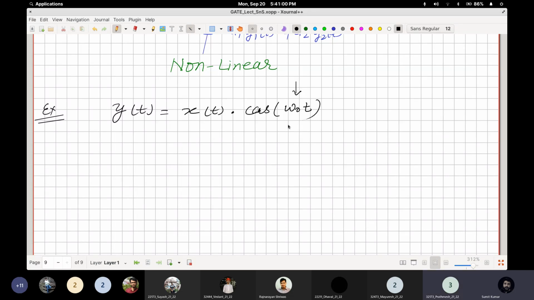Is it modulation, sir? Yes, it is modulation only. So this is amplitude modulation to be specific, and actually it is double sideband suppressed carrier DSB-SC modulation.